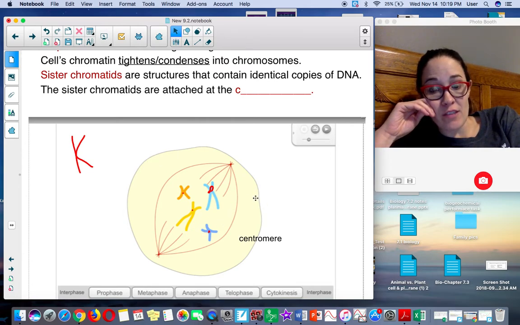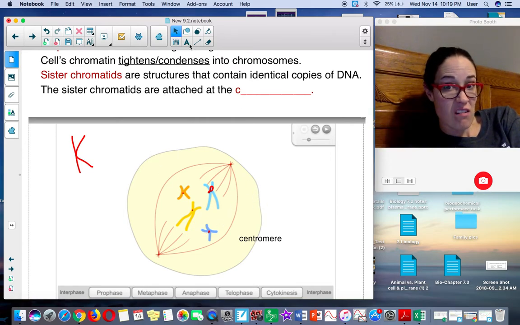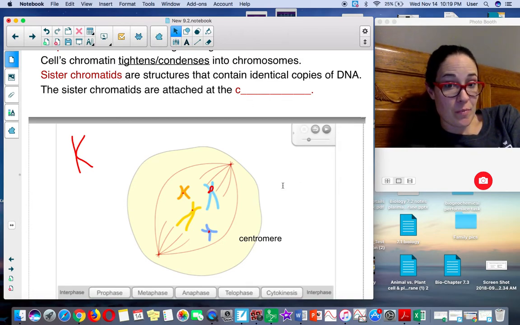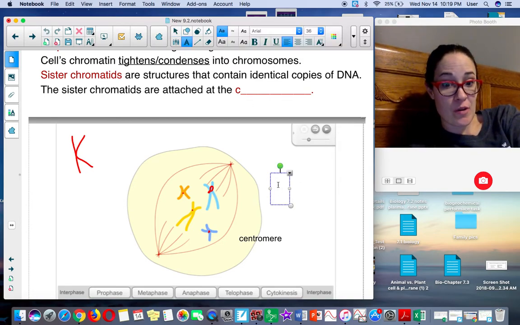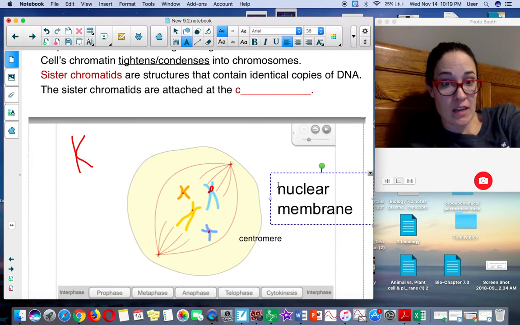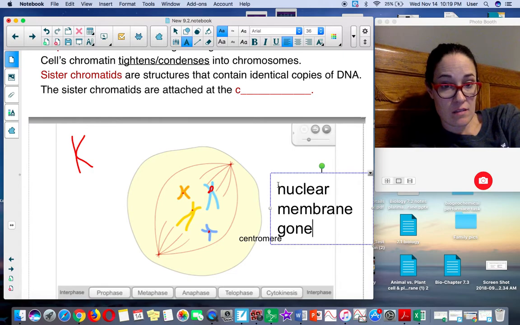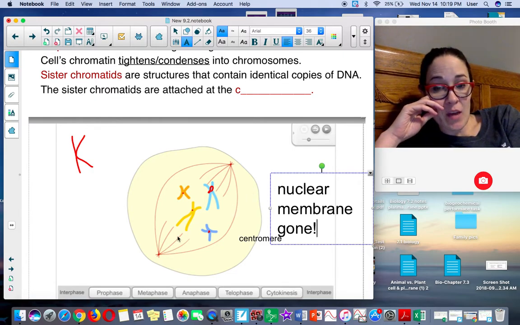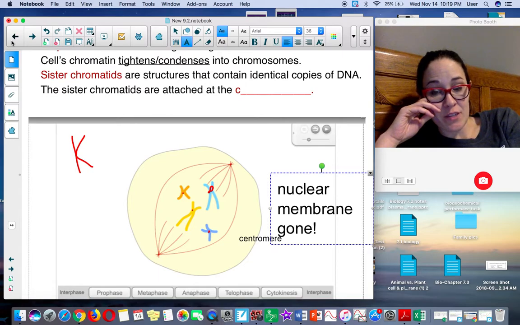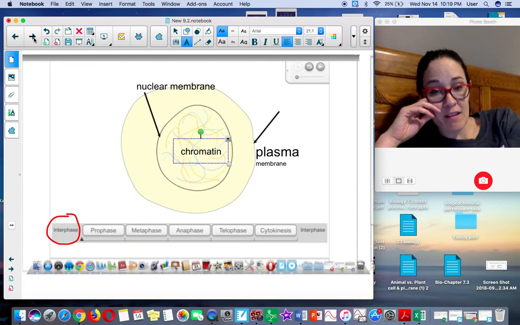Also in prophase, you'll notice something is gone. We still have a plasma membrane, but our nuclear membrane is gone. And we also see these spindle fibers show up. I'll just show you in this last picture. In interphase, we didn't have that.